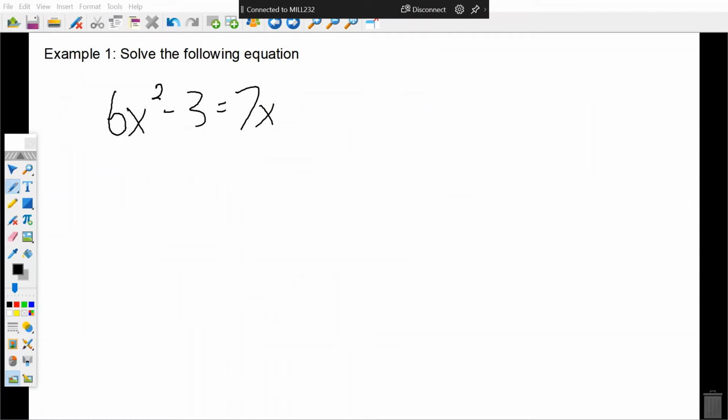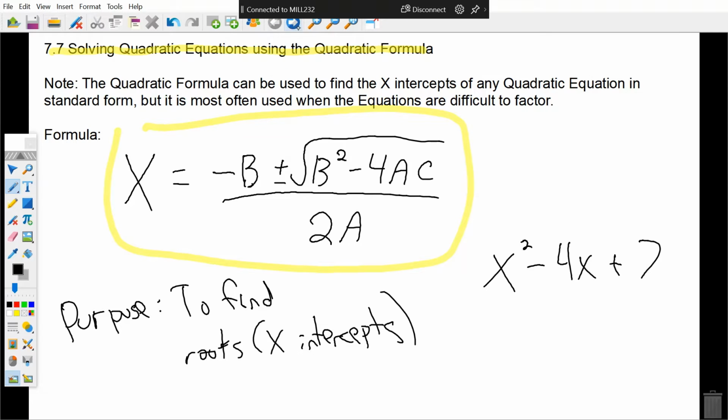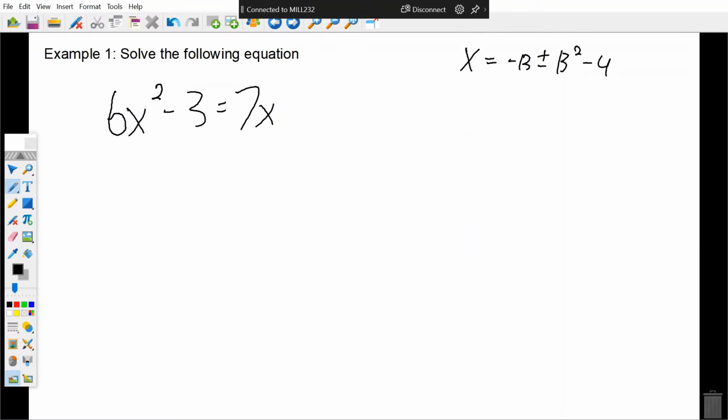Example 1 says solve the following equation: 6x squared minus 3 equals 7x. The first thing I want to do is write down the quadratic formula so we have it. x equals negative b plus or minus the square root of b squared minus 4ac, divided by 2a.